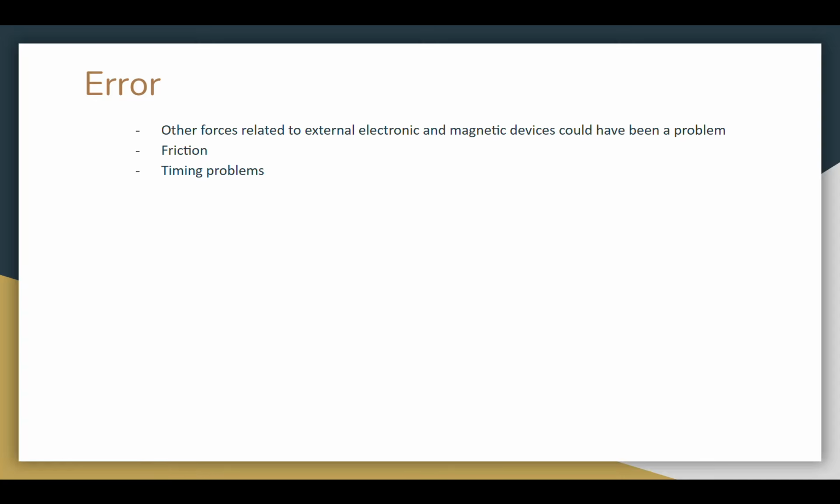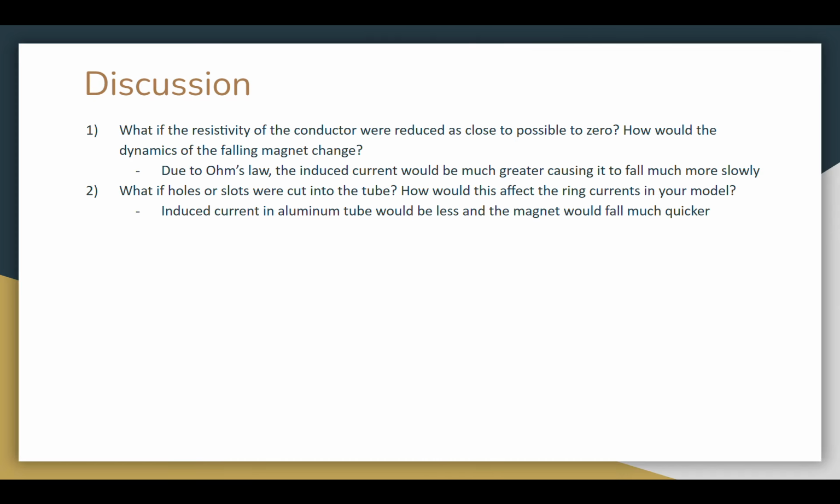Obviously, you have the magnetic fields outside from any sort of metallic object moving. You have the friction down the tube, which is a big thing we think, as well as the air resistance, especially for an object that's quite large and slowing in descent. We think that these could add up and increase the time. And then just timing problems of clicking the start and stop. It's not as perfect as the computational model, which was all coded in.